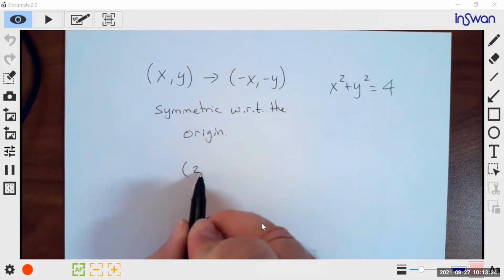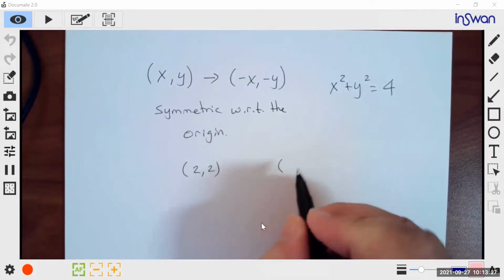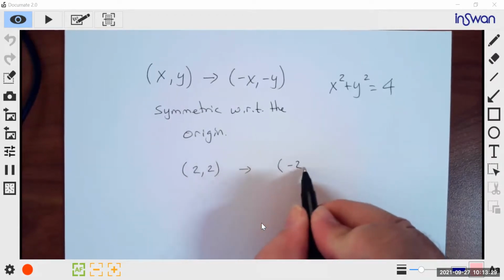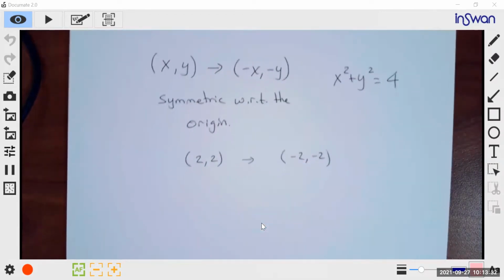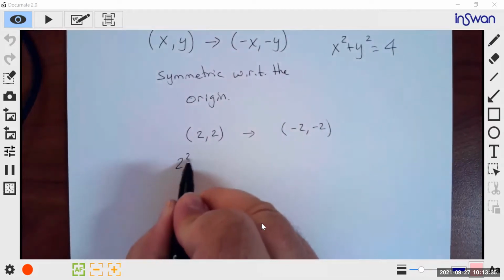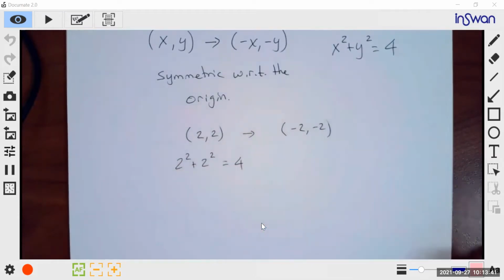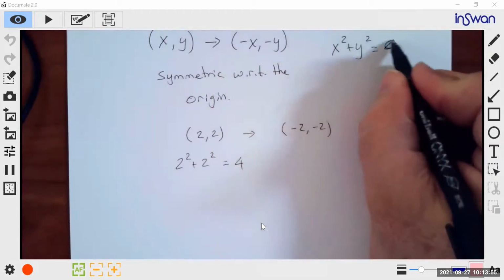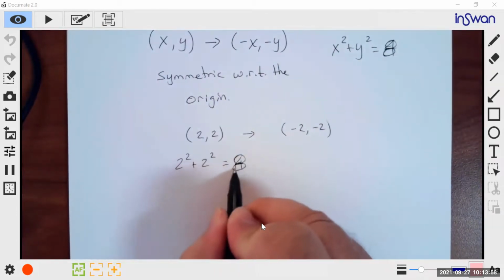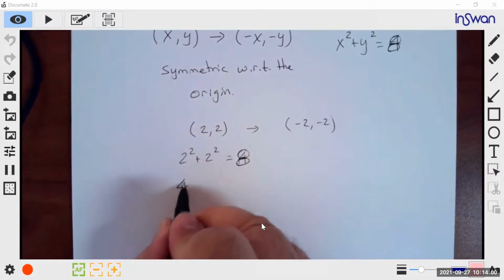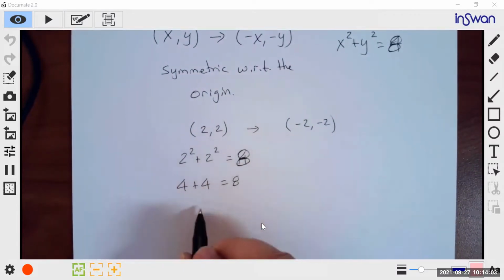So I want to try the point 2, 2, and then I want to see if it gives me the same answer if I put -2, -2 in there. So I have 2 squared plus 2 squared. It should be 8. 2 squared is 4 plus 4 is 8.